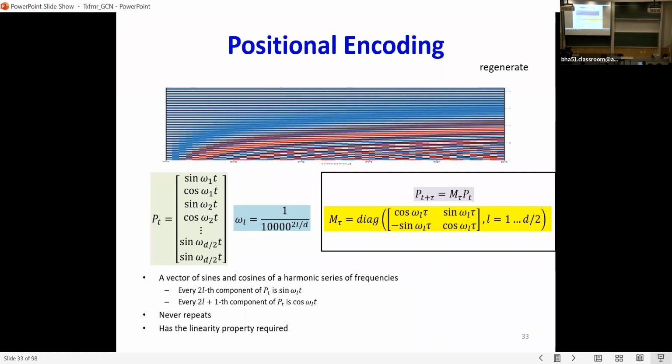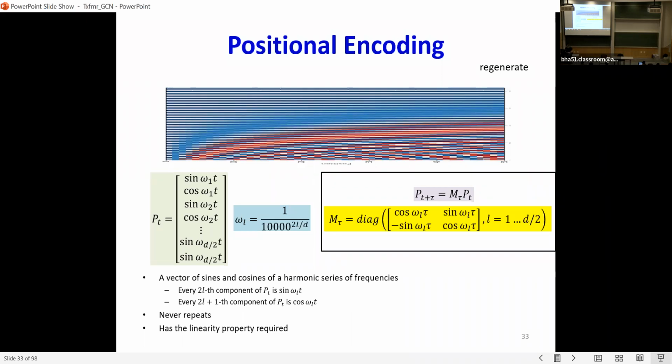Usually you have the sine and the cosine for one frequency, then you add another and another and another. This has some nice properties, like we've discussed. It's not going to repeat. If you take two different t's, you're not going to have these to be the same as long as you don't choose your omegas to be identical or multiples of each other or something like that.